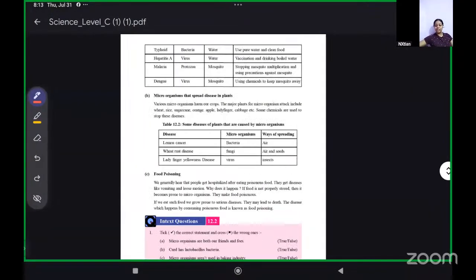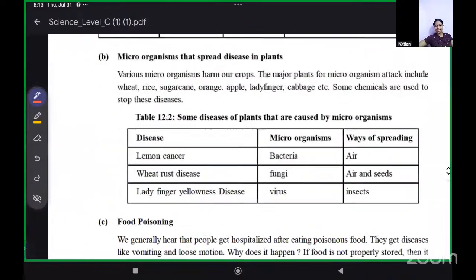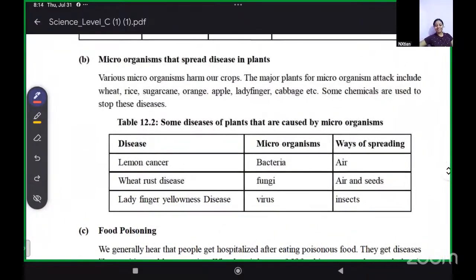That happened the last time. But it is not like human cancer, but it is a disease that happens mostly in lemon plants. That is why it's been named lemon cancer.